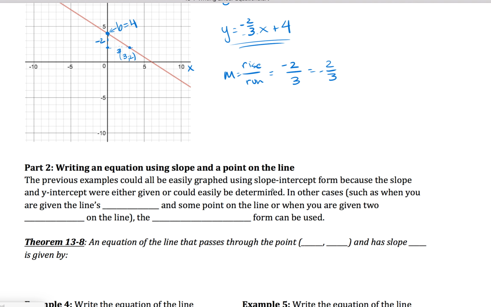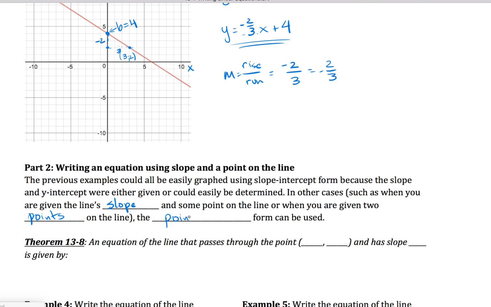And it's easy to do those kinds of equations when you're given the slope and the y-intercept, or where both of those things can be pretty easily determined. In other cases, like when you're given the line's slope and some other point on the line, not the y-intercept, or if you're given 2 points on the line and not given the slope, then a new form of an equation can be written.